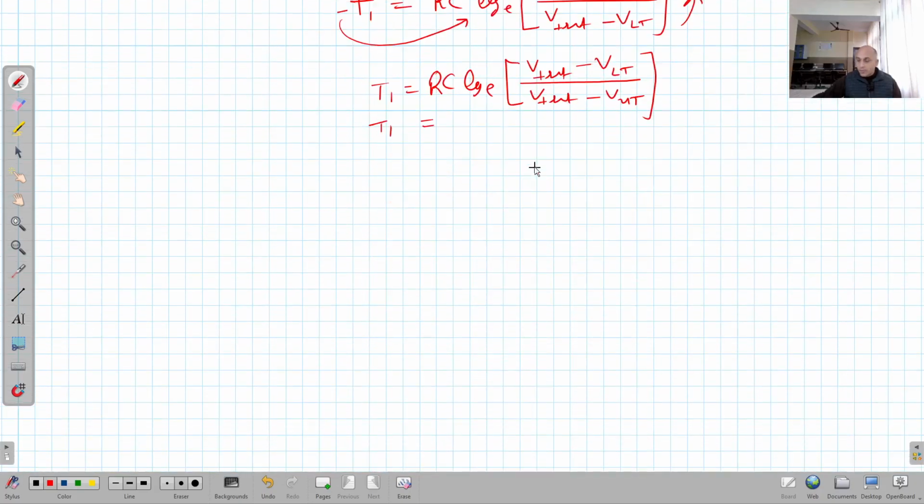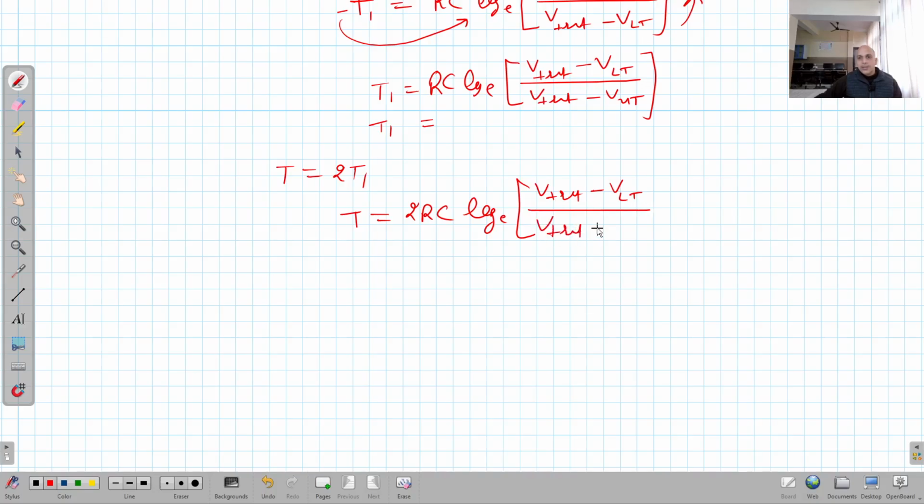So the time period for this square wave is T equal to 2RC log of V plus saturation minus V lower threshold divided by V plus saturation minus V upper threshold.